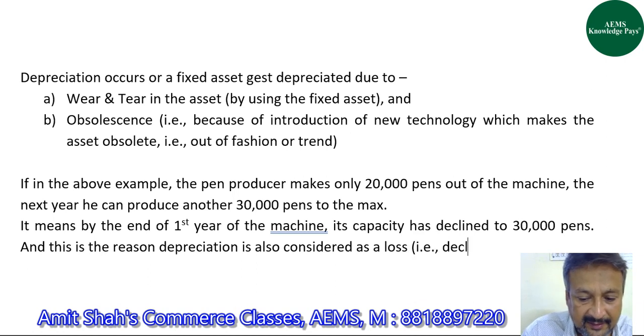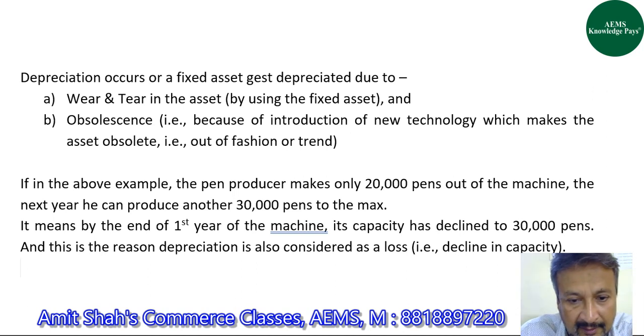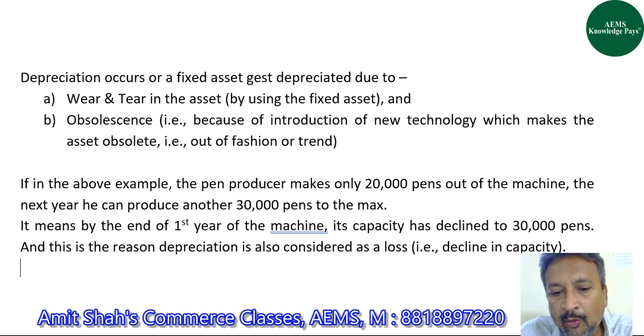That is decline in capacity. Am I clear or not, guys? I'm asking all. I hope, guys, you all have understood why depreciation is considered as an expense as well as a loss.